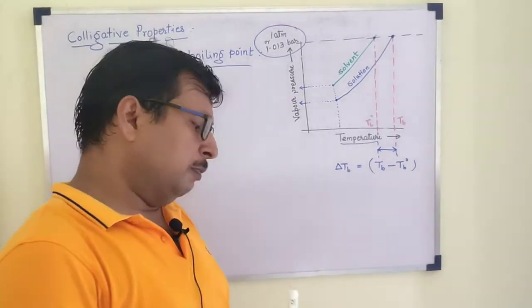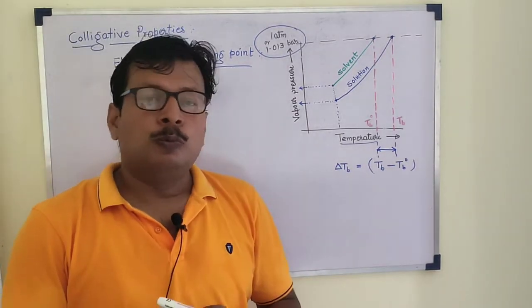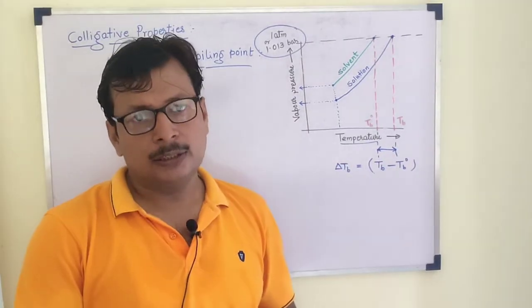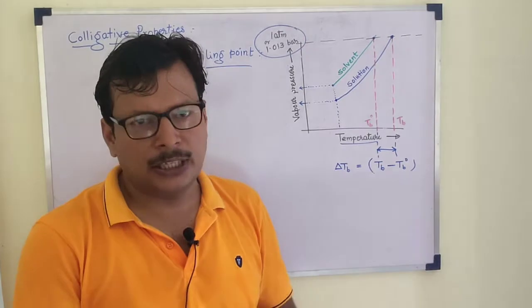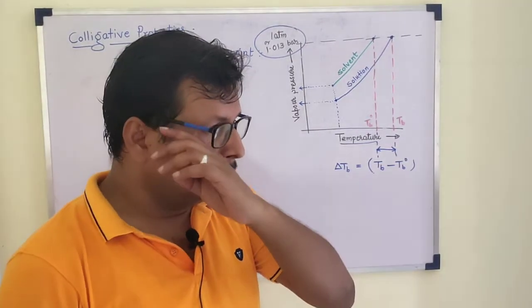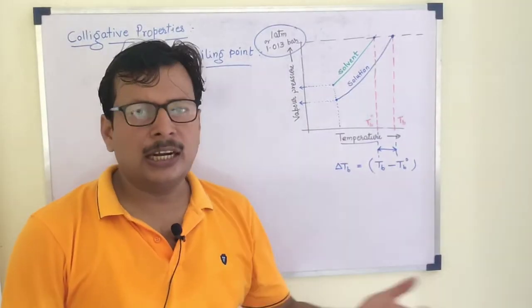How do we verify this? It is a colligative property. We can take equal amounts of the same solvent. Suppose you take water in two containers of similar volume. In one container, you add 1, 2, 3 spoons of common salt.